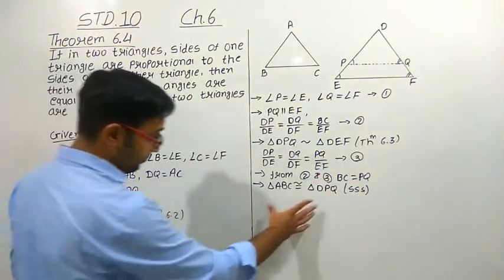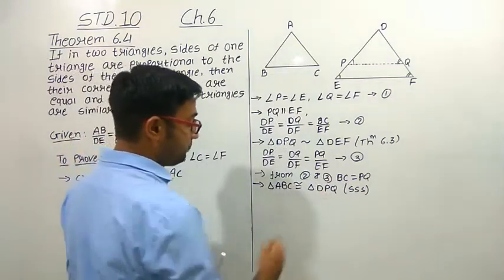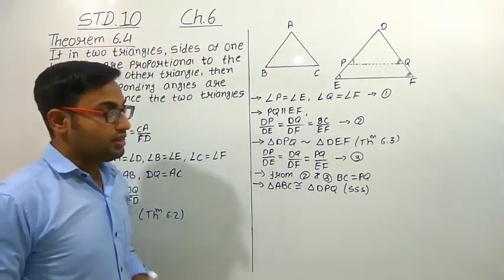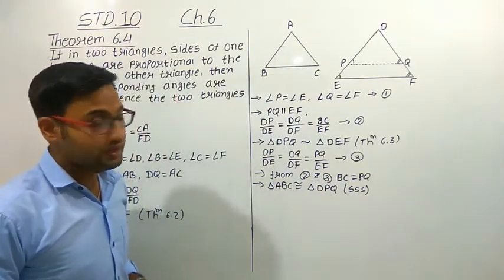Understand? So now, if two triangles are congruent, their corresponding parts are also equal.